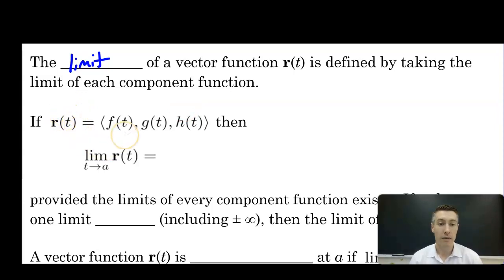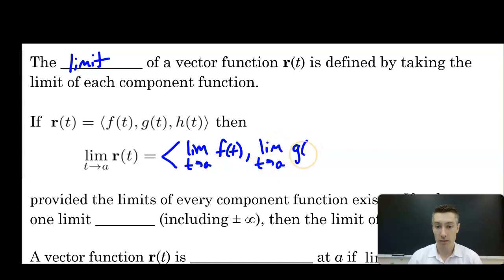If r of t is the vector function f of t, g of t, h of t, then the limit as t approaches a of r of t is the limit as t approaches a of f of t, and the limit as t approaches a of g of t, and the limit as t approaches a of h of t. So we take the limit of each individual component function.